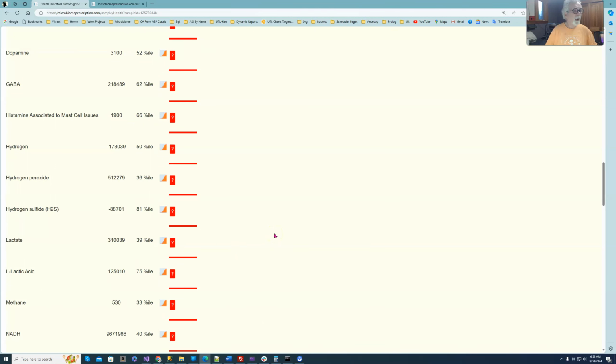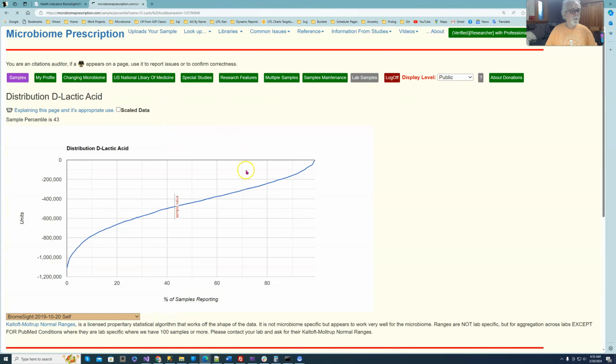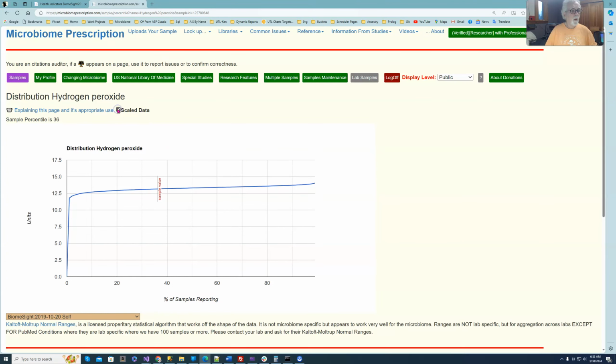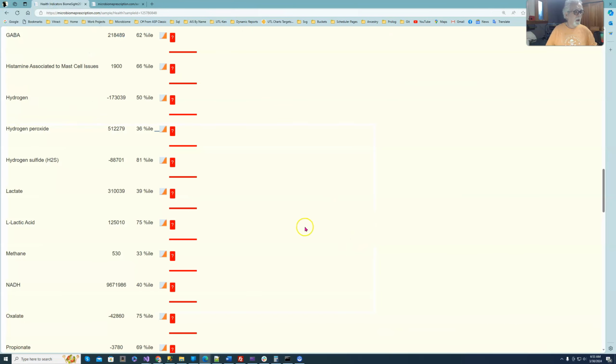Let's go down. Many of these are soluble things, 55th percentile, hydrogen peroxide, which is a good antibacterial. And there's where I am. I'm on the middle flat part, which is where usually you can deem yourself to be safe.